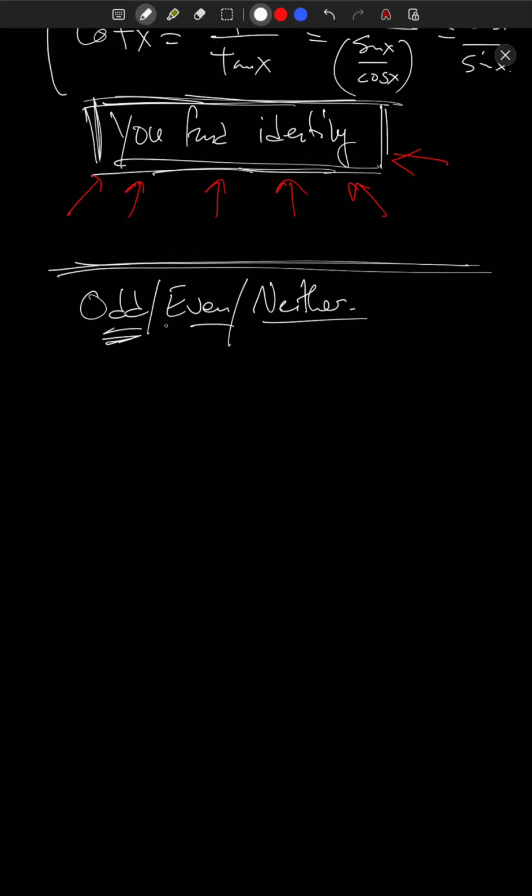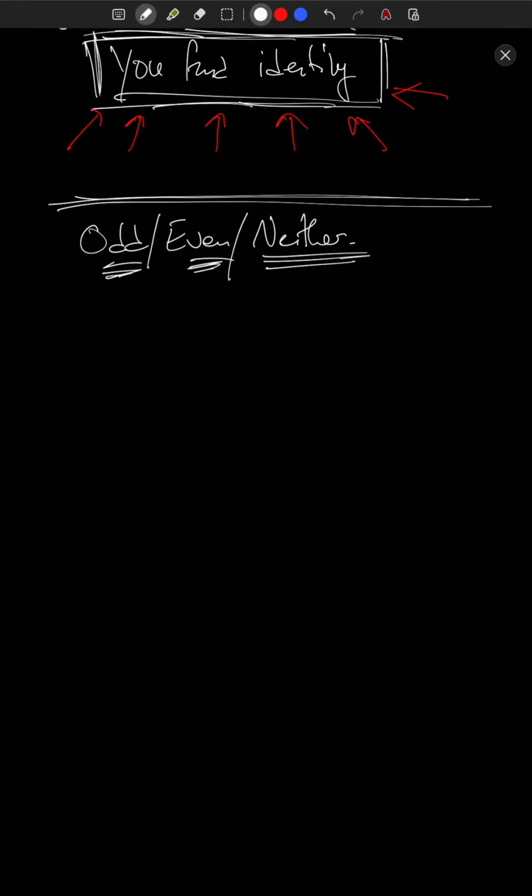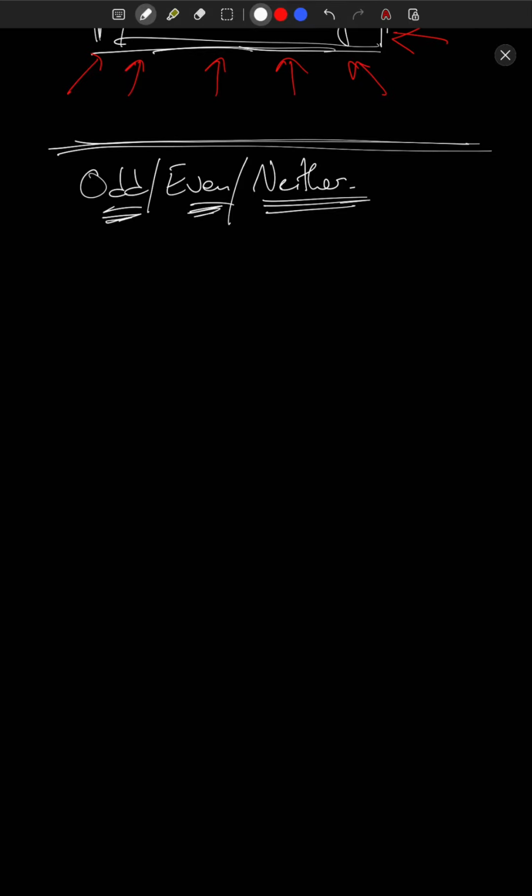So I'm going to restrict myself to only talking about odd and even functions, not the symmetry of graphs. The symmetry of graphs is a more general idea, but we don't need it because we're specifically working with functions. All right. So odd and even or neither.